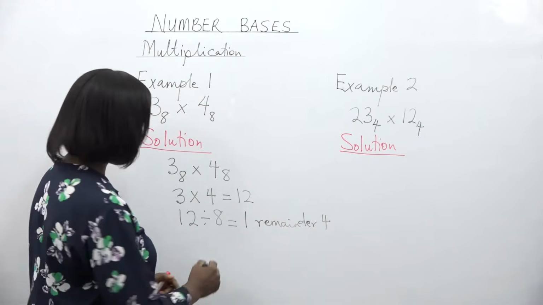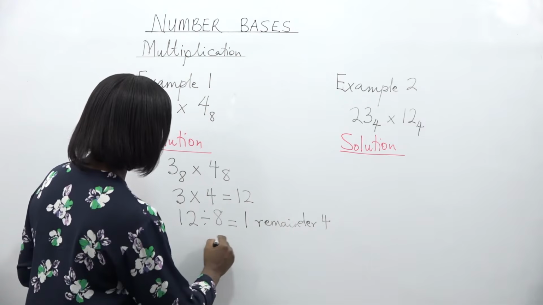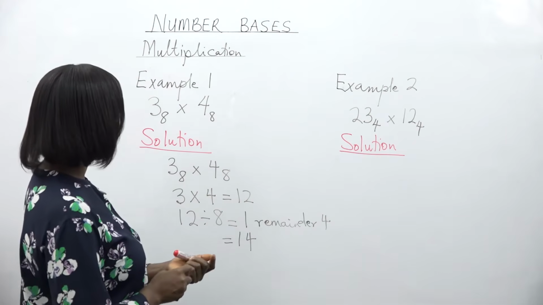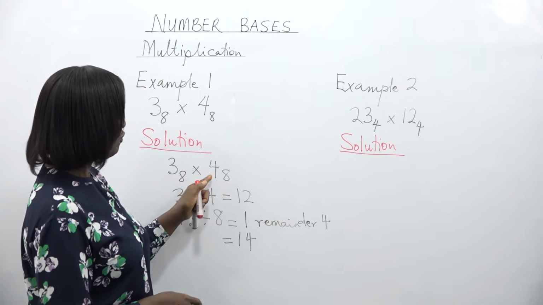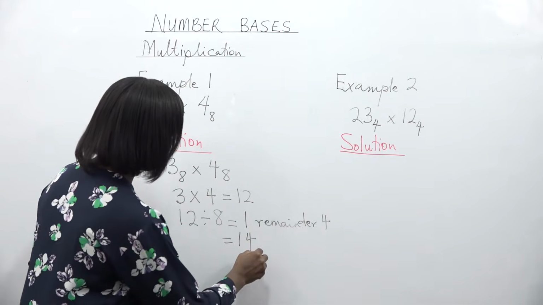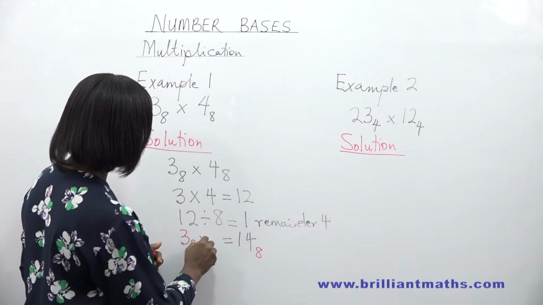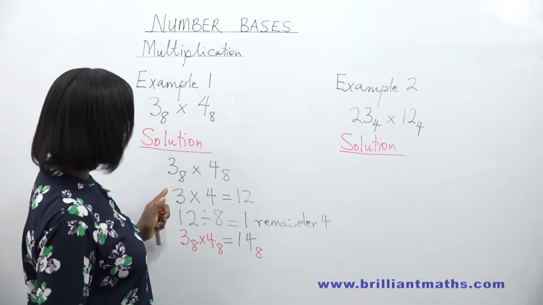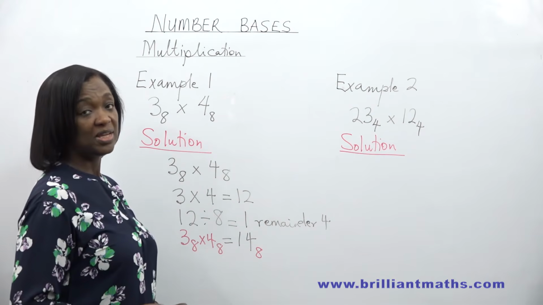Remember that you start writing the remainder first. So that is equal to 14. So we can say that 3 base 8 times 4 base 8 is equal to 14 base 8.